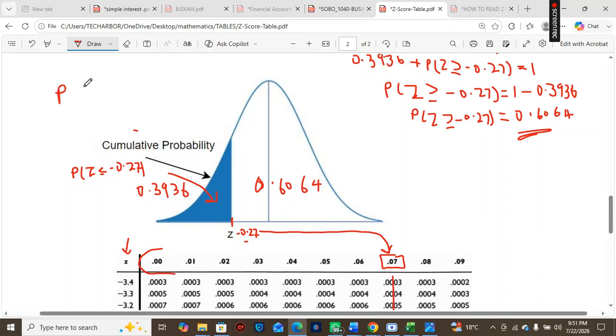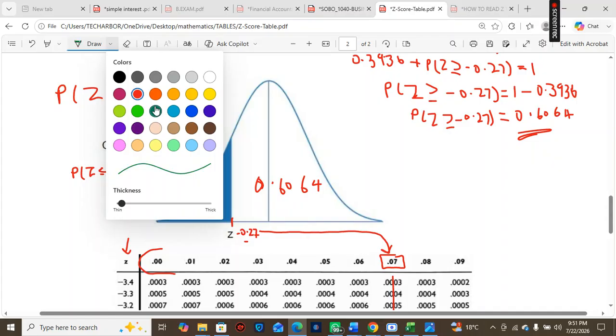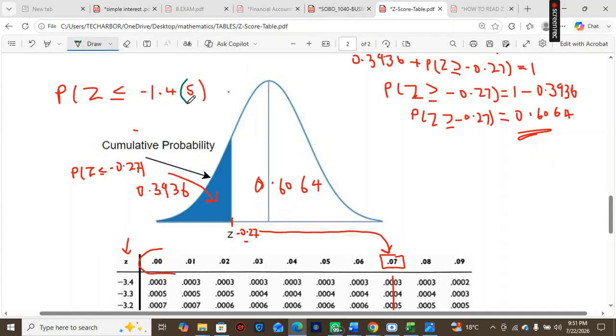Say the probability that z is less than or equal to negative 1.45. Remember, the last number, 0.05, is found here.